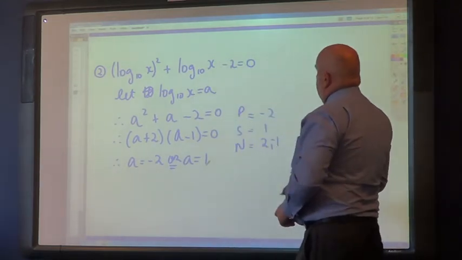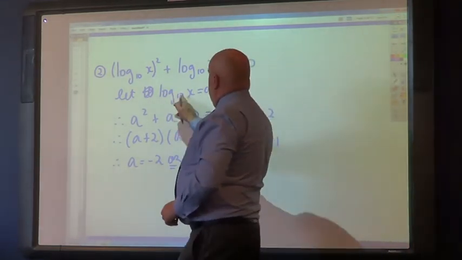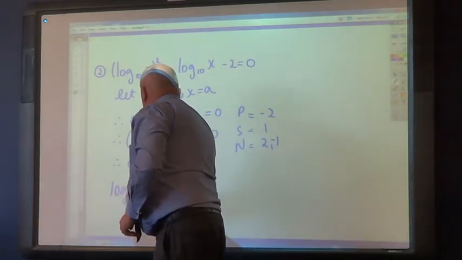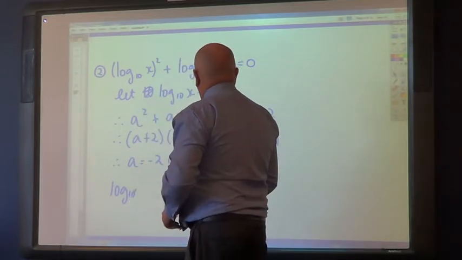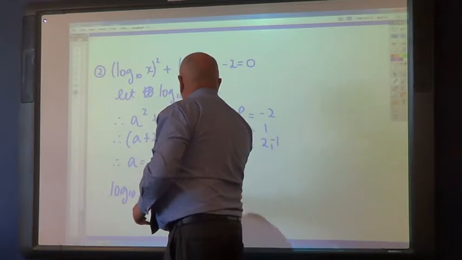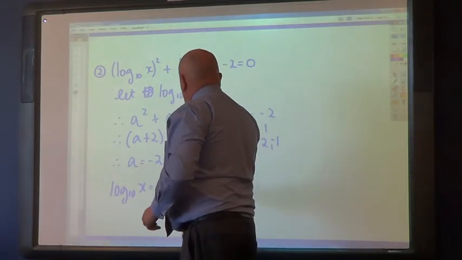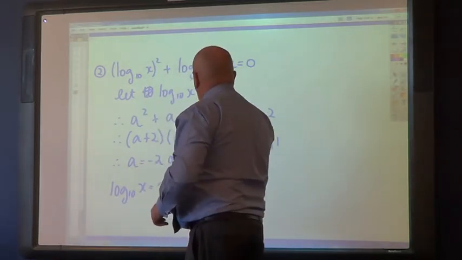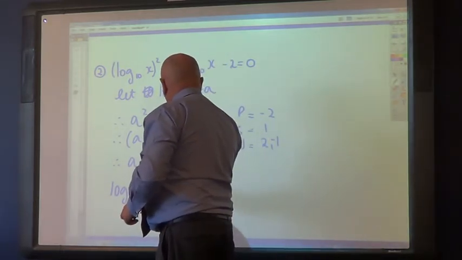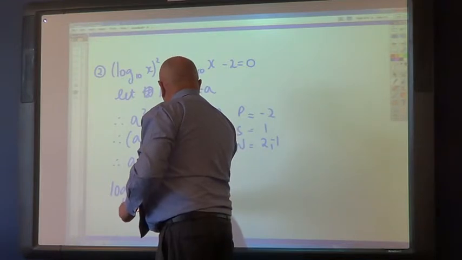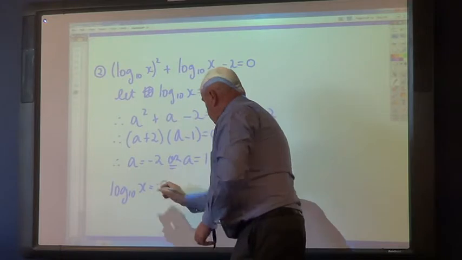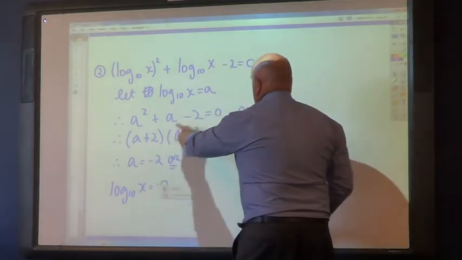Now, what did a equal? Well, a equalled log base 10 of x. So we'd say log base 10 of x equals a, which is negative 2, because a equals that.